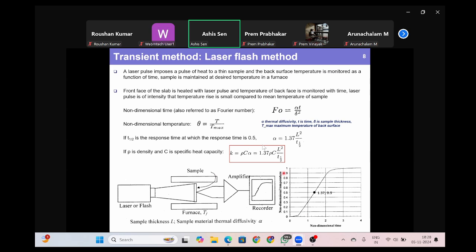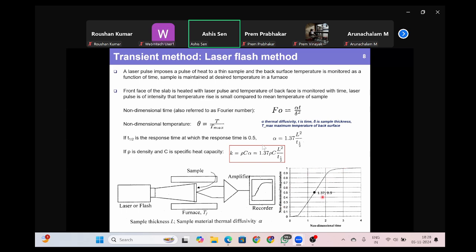Now, if you plot non-dimensional temperature with non-dimensional time, this is the characteristic it actually takes. This is the characteristic of a first order thermal system where the temperature would slowly rise and finally reach T max. Okay, it will go from TF to T max, temperature of the furnace to T max.